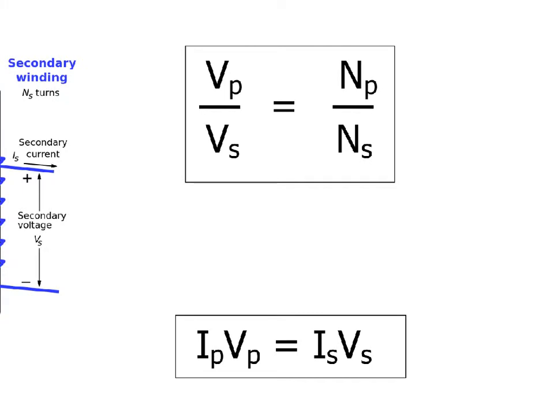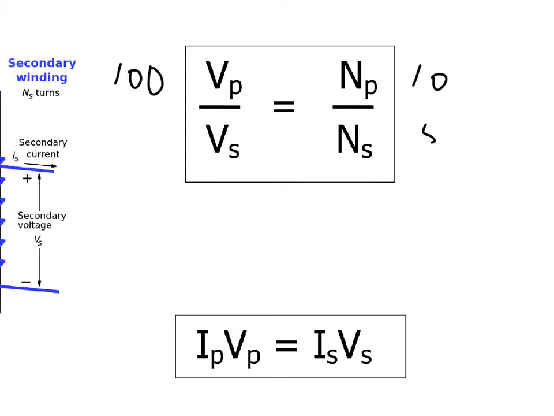So if we look at this, our first equation says that the ratio of the voltage in the primary to the voltage in the secondary is going to be equal to the ratio of the number of turns in the primary to the number of turns in the secondary. So let's say I have 100 volts in the primary, and say I have 10 turns in the primary. That's a really small number, but we're just doing this for the sake of demonstration.